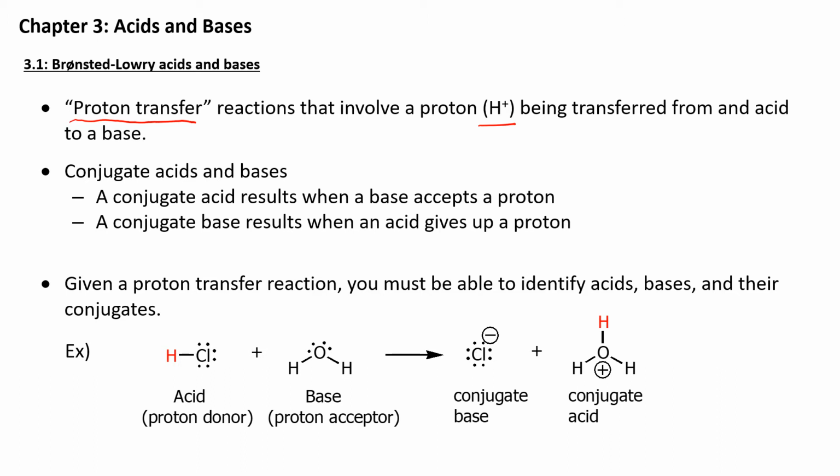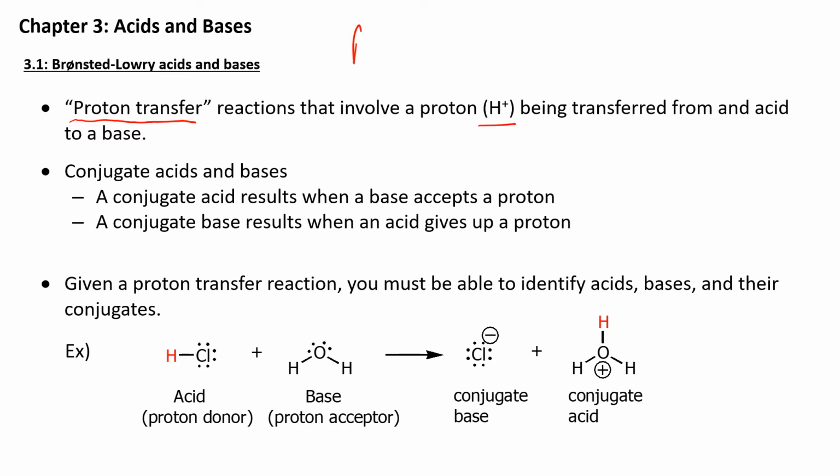The conjugate acid-base theory that you learned in Chem 1 simply states that a conjugate acid results when a base accepts a proton, and a conjugate base results when an acid gives up a proton. So the first skill is being able to identify acids and bases, right? And then we can identify their conjugates. An acid is a proton donor, and a base is a proton acceptor.